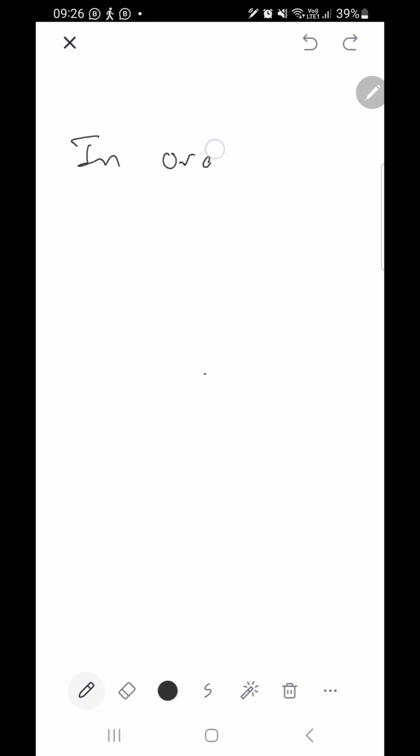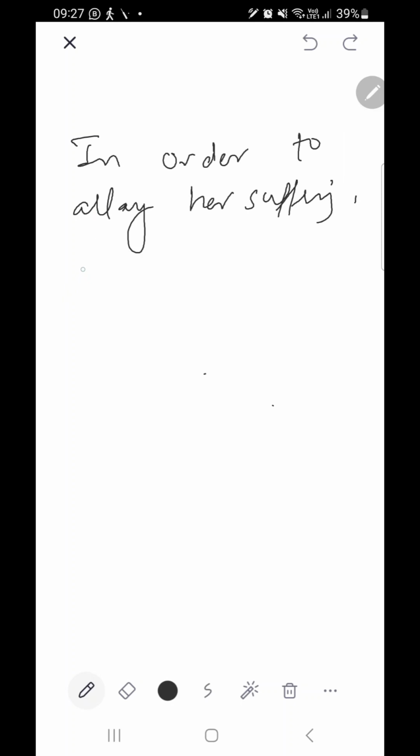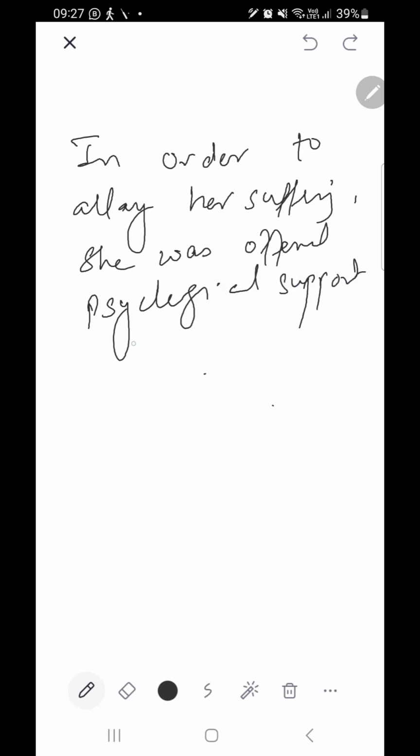In order to allay her suffering, she was offered psychological support. This is clause of purpose.